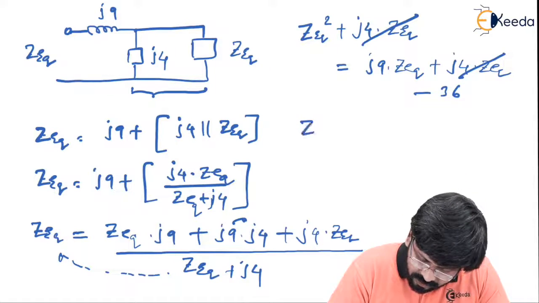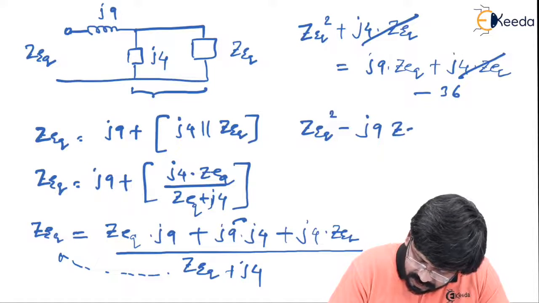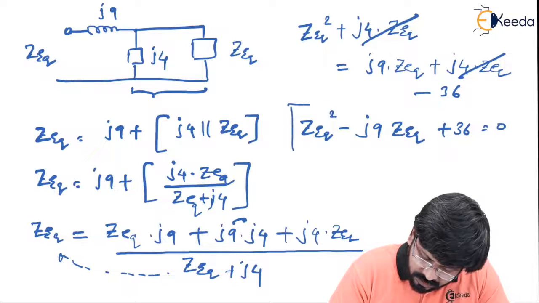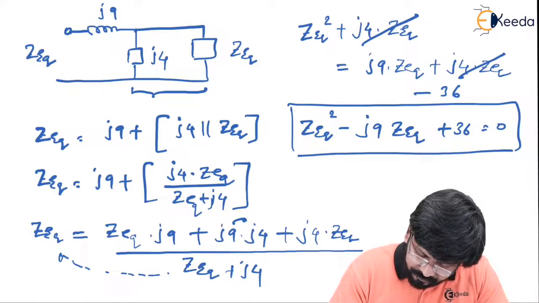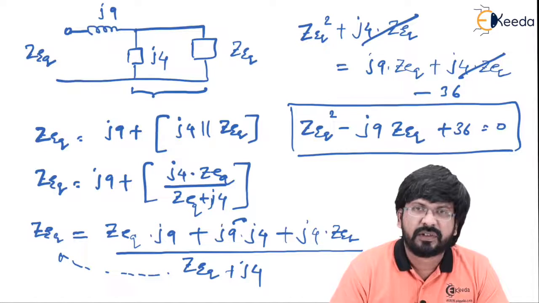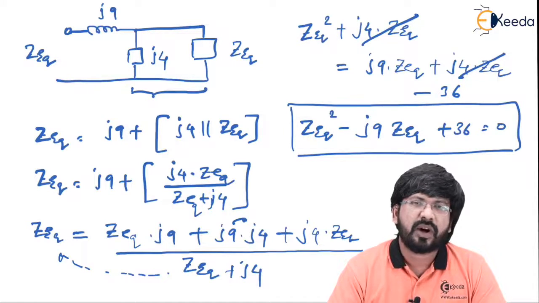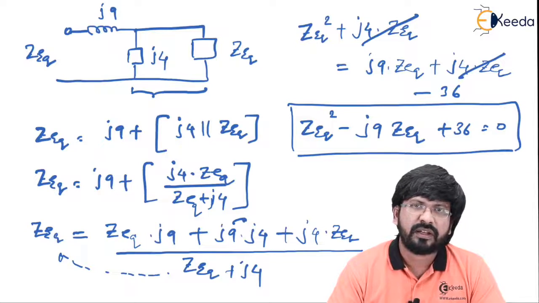So the quadratic equation you are going to get is Z equivalent square minus J9 Z equivalent plus 36, and this is equal to 0. We need to solve this quadratic equation. It will give you two possible values, out of which we have to select only one correct answer.